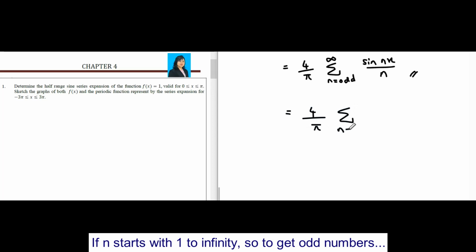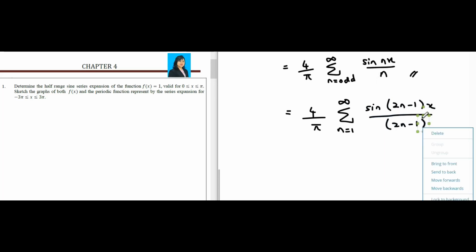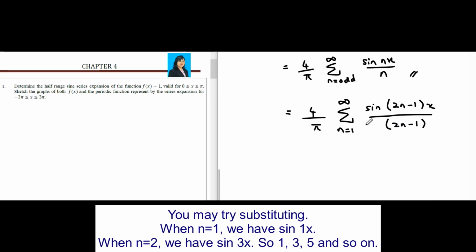If n starts with 1 to infinity, so to get odd numbers, you may try substituting.